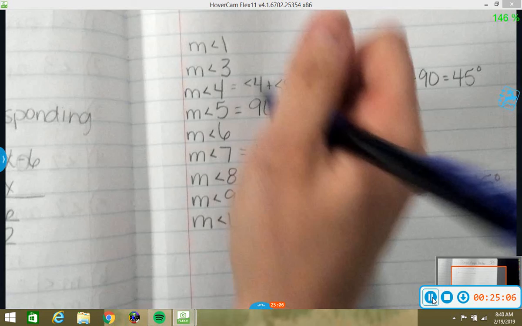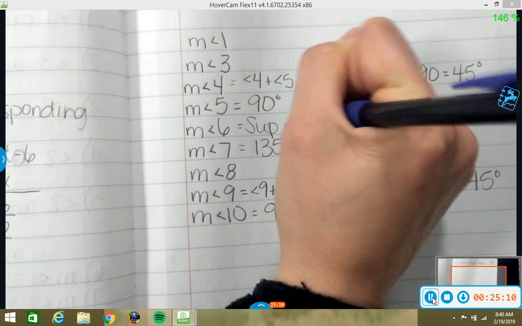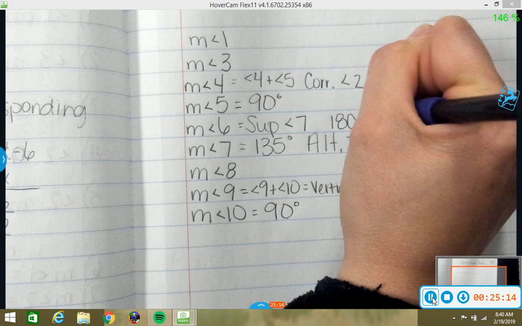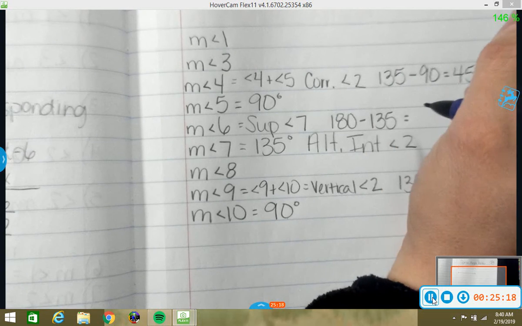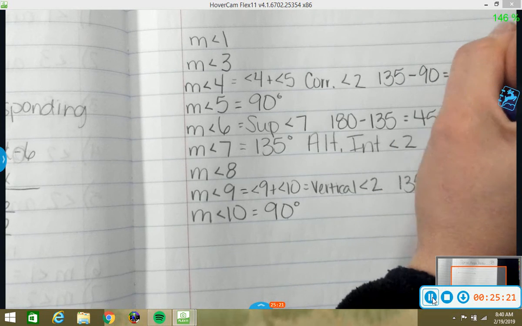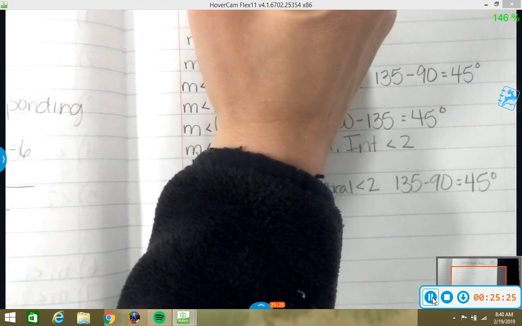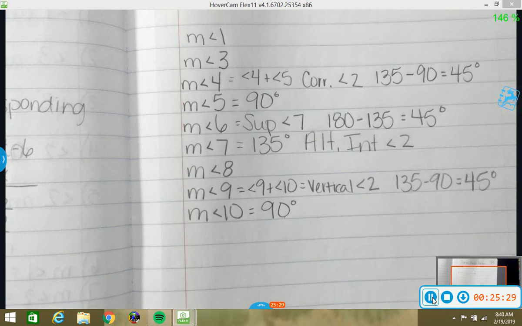So for angle 6, we're going to say it's supplementary to angle 7. So we'll say 180 minus 135, and what do we get? 45. Okay, so angle 6 is 45 degrees. I need angles 1, 3, and 8.